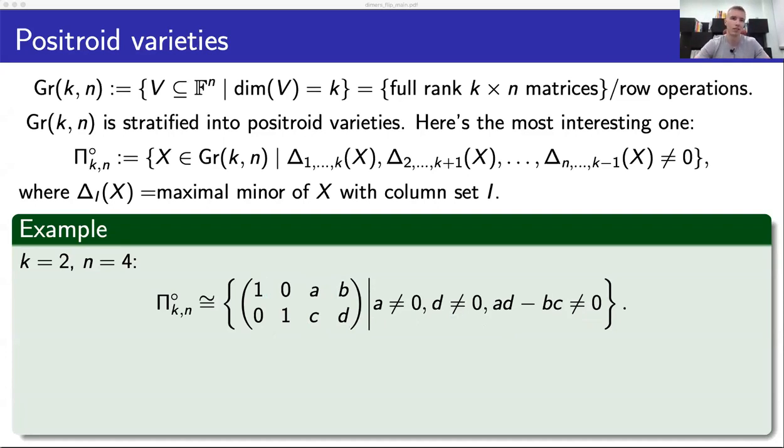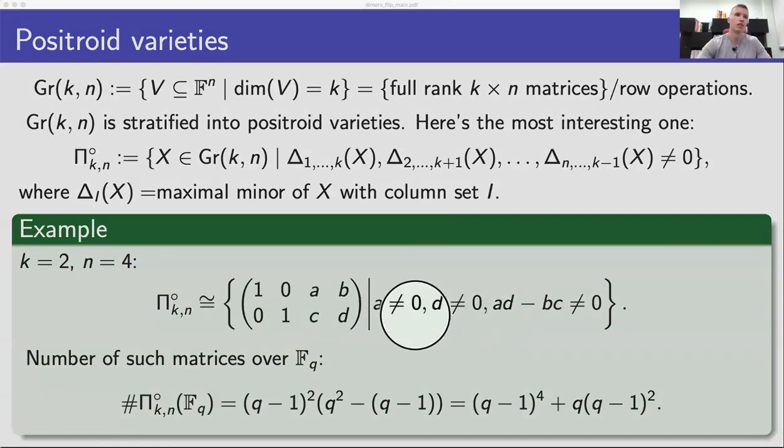And let me ask maybe a weird question for now, but let's see. Question is, let's say I take a field with q elements, and ask how many such matrices exist over F_q. And in this case, it's pretty easy to count, right? You have A is non-zero and D is non-zero, so that's (q minus 1) squared.